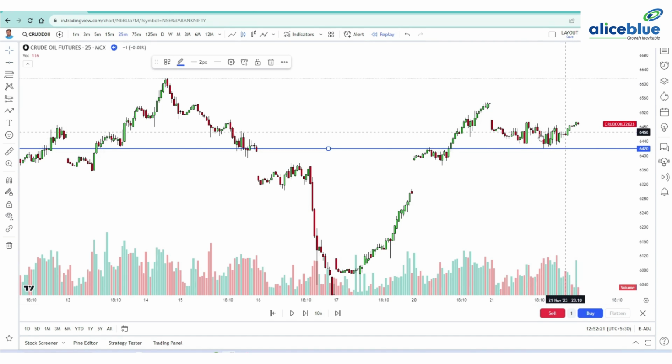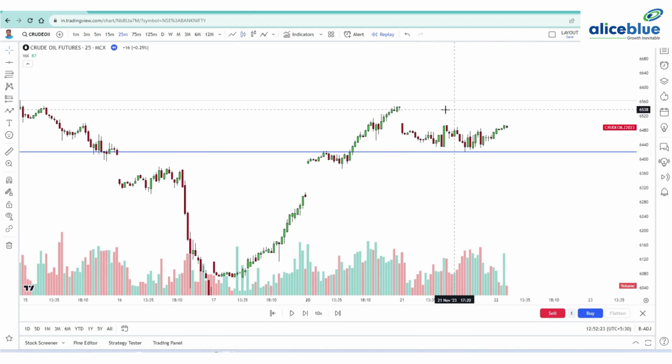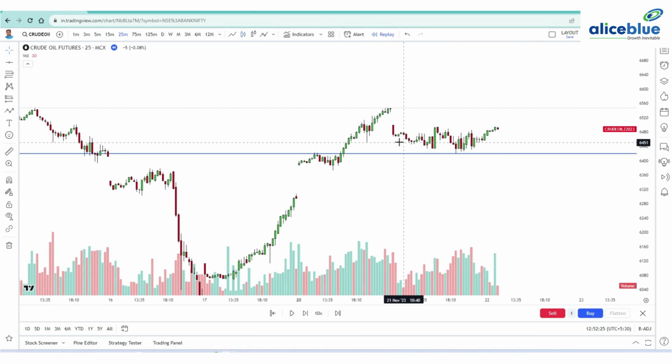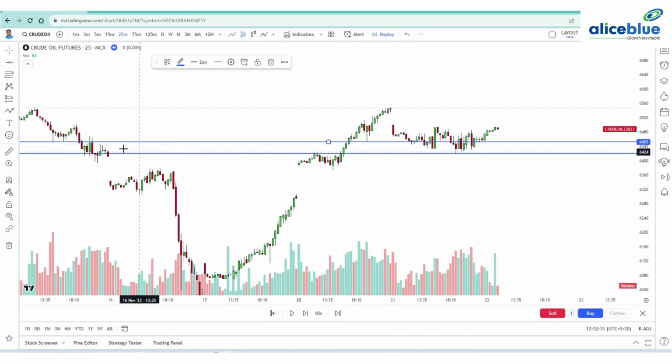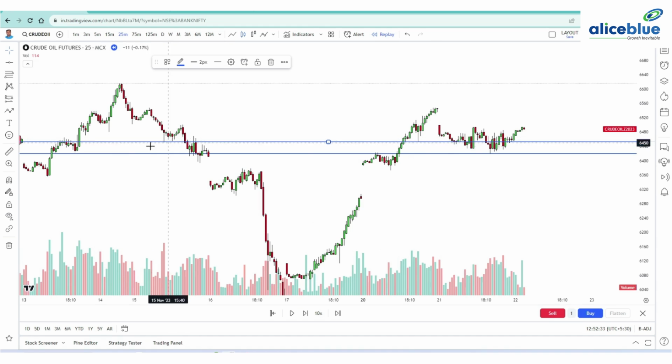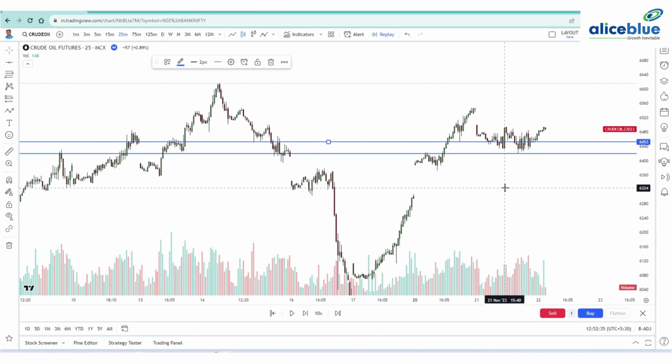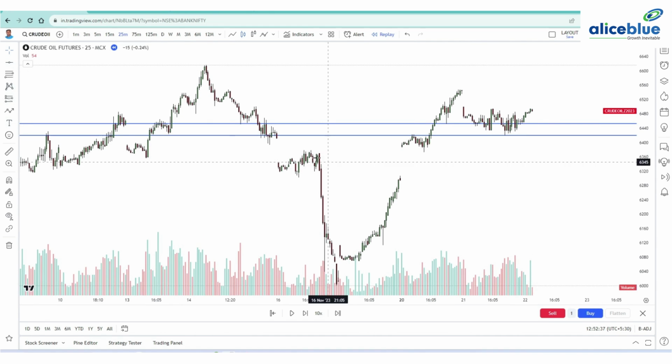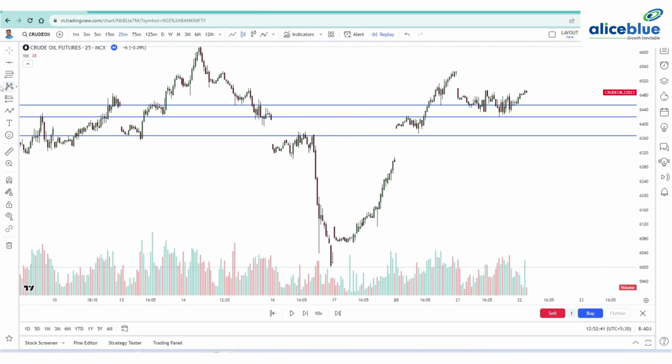This is a support level, and this is also a support level. You can see here, it gave a slight pullback. This area gave a slight pullback. Here also it gave a pullback. It's a major key level. So this level also I am spotting as a support. These supports are for fixing our targets.